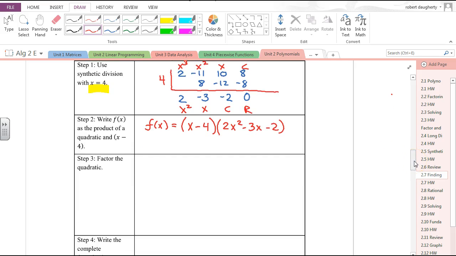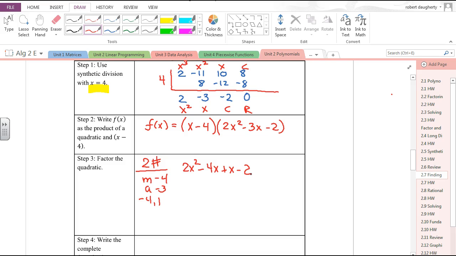So in order to do that, I'm looking for two numbers that multiply to what? Yeah, negative 4 and add to negative 3. What numbers will do that? Yeah, so negative 4, positive 1. So I'm going to write this as 2x squared minus 4x plus x minus 2.